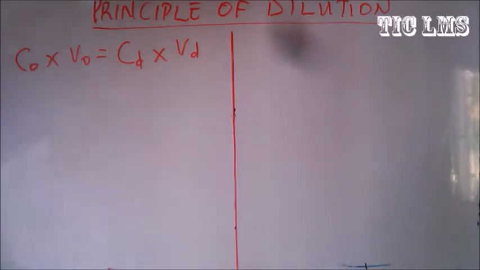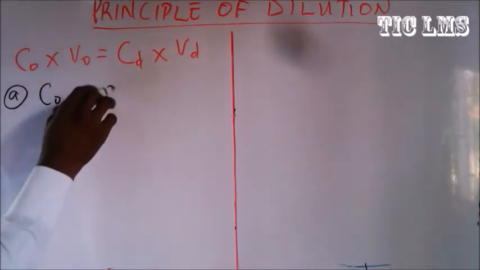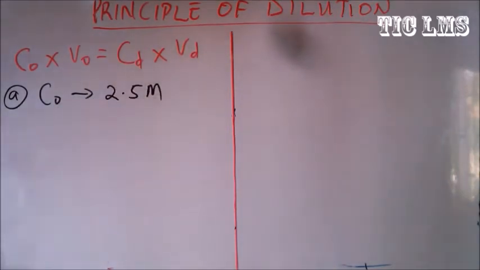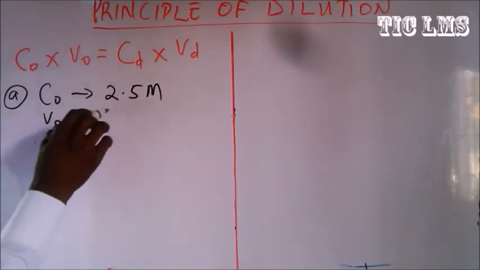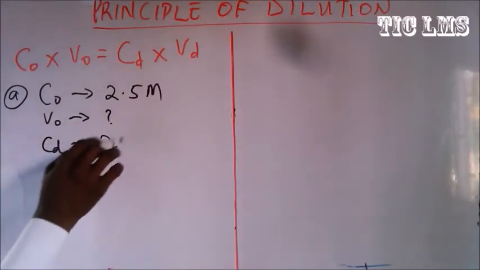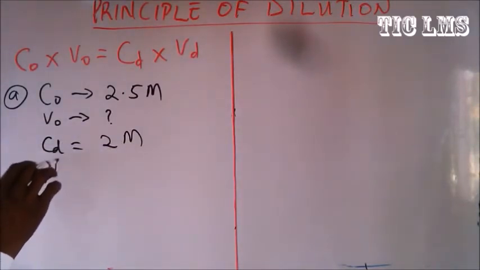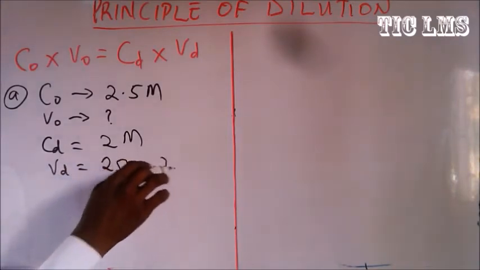Now in this question, we have an original concentration of an alkali, which is 2.5 molar. We are to find the original volume, and then to obtain a diluted concentration of 2 molar and a diluted volume of 250 cm cubed.